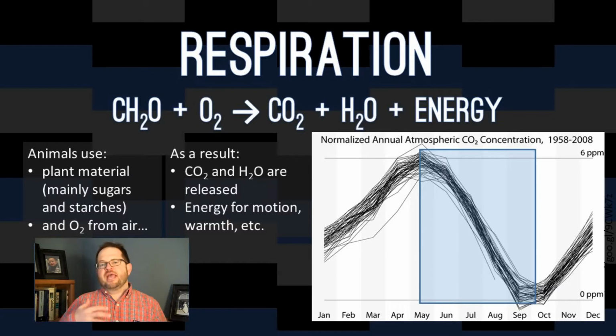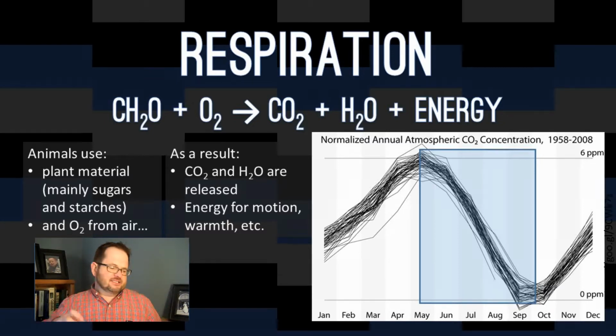The opposite of that part of the cycle is respiration. This is done by animals, bacteria, and also plants, although we usually tend to think of plants as doing their photosynthesis. They're actually respiring as well. And again, it's just the opposite of the chemical reaction that we saw for photosynthesis, and you do need to know it.